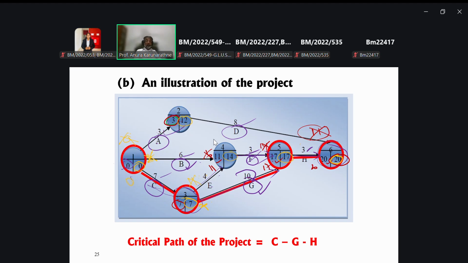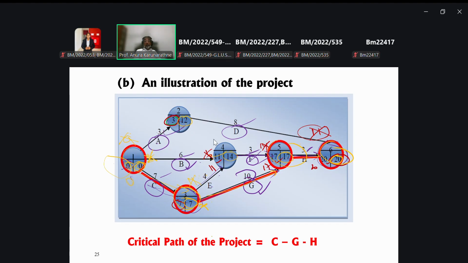Critical path is here. You have to consider that the earliest time should be equal to the latest time, right? Earliest time equal to latest time. Then here you can see similar characteristics. Here also same. This is also same, 17 and 17, 20 and 20. So you can link those activities.